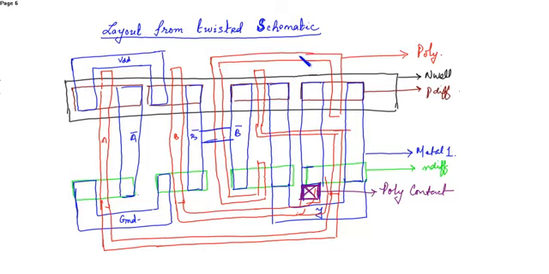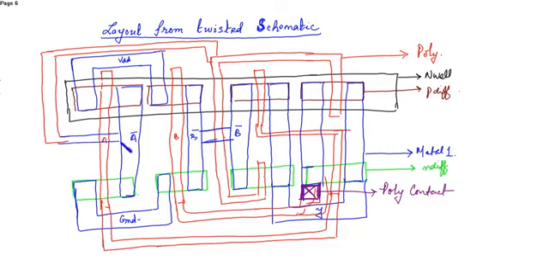Okay, we'll do one thing, we'll draw from the poly layer. That is, this poly layer is connected to this A bar. So get metal from this.